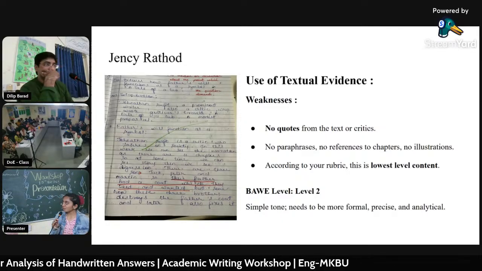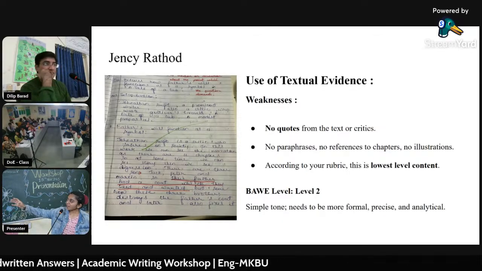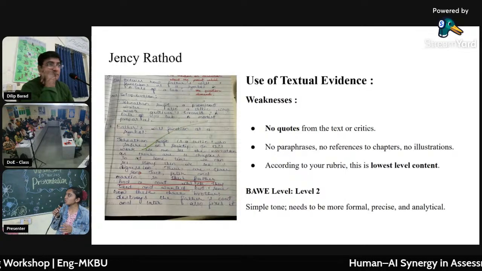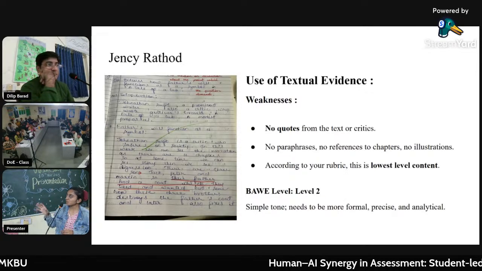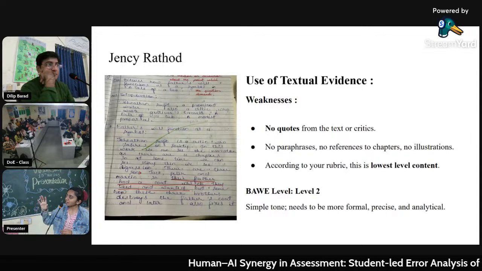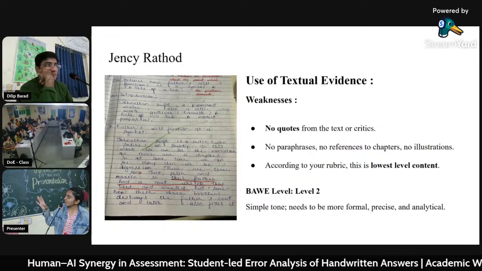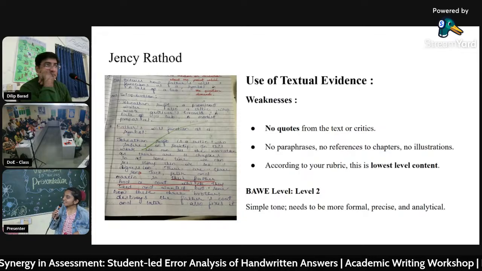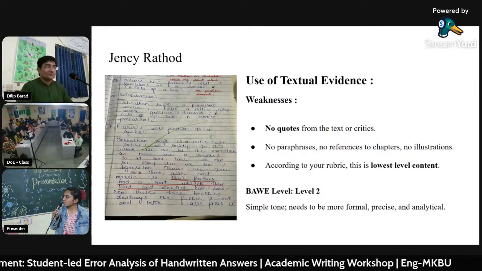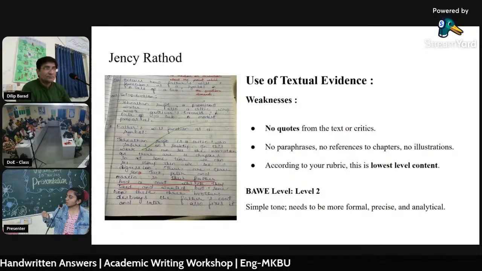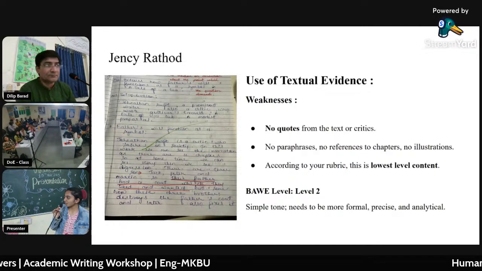Good afternoon, everyone. So this is my answer that I wrote in my examination, and I can see that there was no use of textual evidence from the original text, and I didn't use any quotations or references to the chapters, or any illustrations. According to the BAWE writing rubric, my answer should be in a formal tone, more precise and analytical.